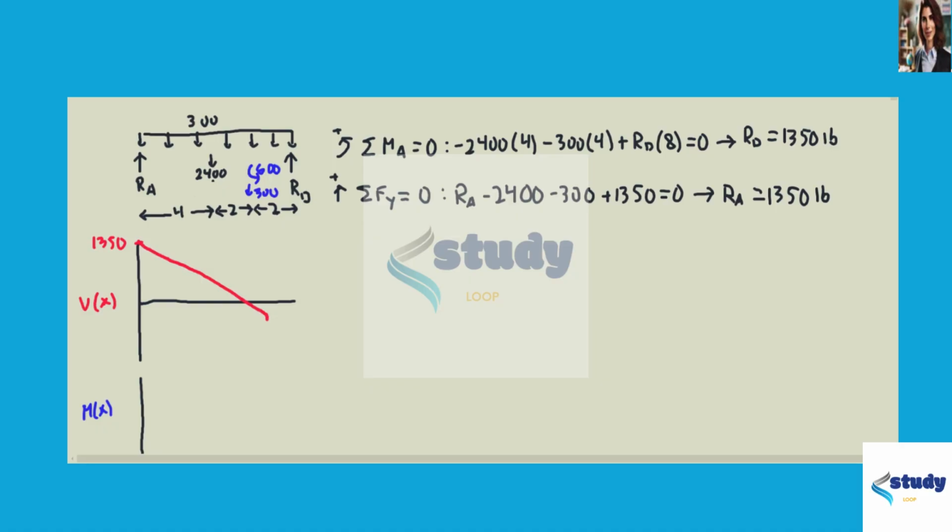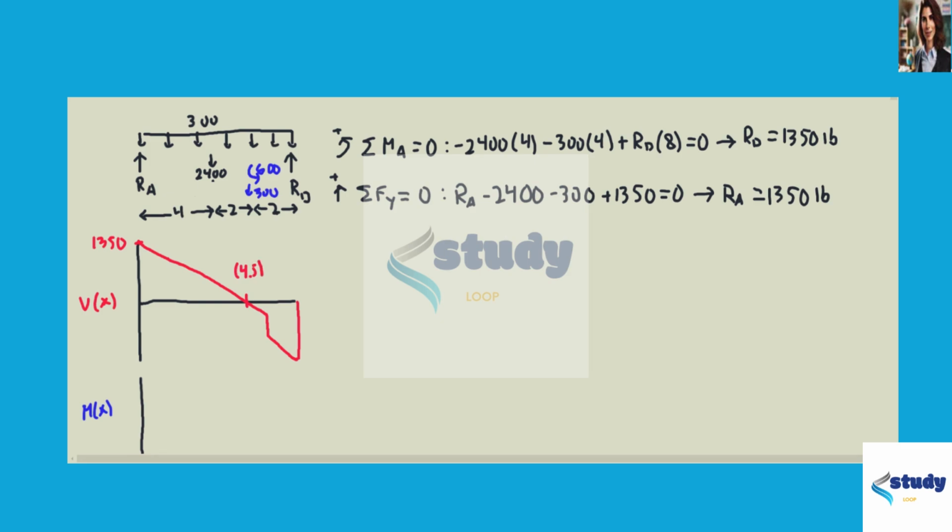We'll have this applied load and more uniform load until we reach our reaction at D. Okay, and so we're going to cross the axis here at 4.5.